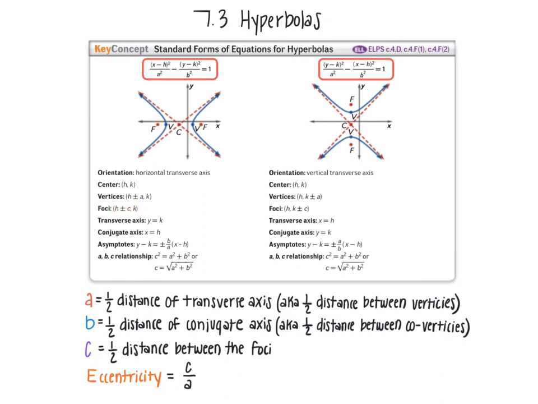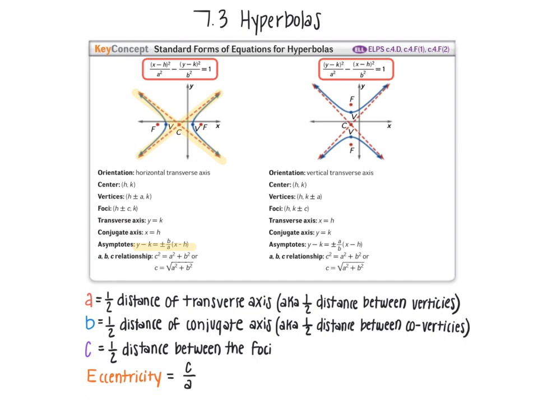Although covertices are not listed on this table, you still have covertices. They are just not graphed. They do play importance in finding b, but you don't actually graph your covertices. These two red dotted lines represent your asymptotes, which are imaginary lines that the hyperbolas don't touch.